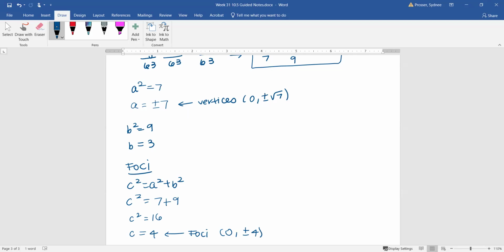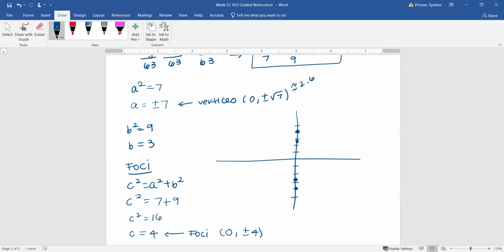Okay, and so now we can start to put this together on a graph. This is roughly 2.6. I want to mark that. And let's graph. My foci are at plus or minus 4, and my vertices are at plus or minus 2.6 about. So 1, 2, 3, 4, 5. 2.6 and negative 2.6, I've got my vertices. And then at 4, I've got a foci.